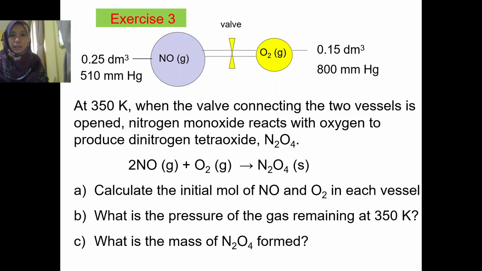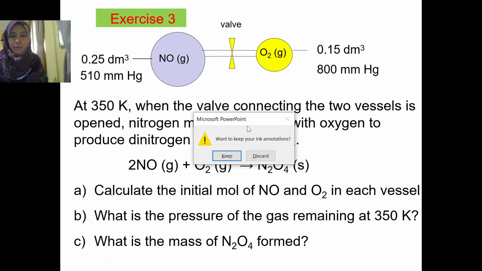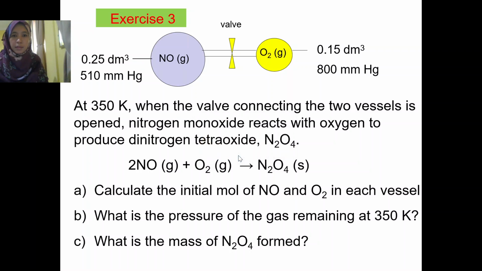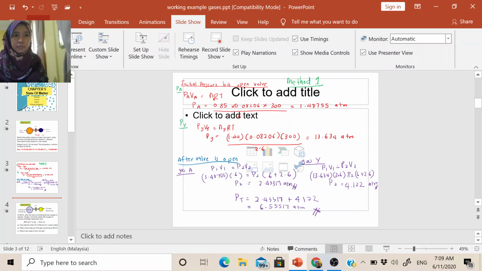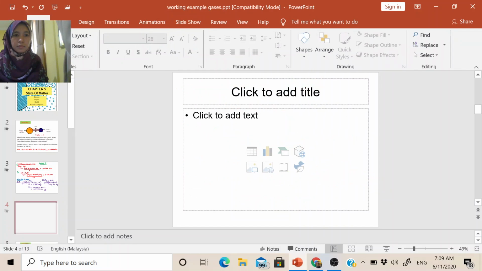Okay, second method. Okay, this one simple. Okay, kita cari P total dulu.